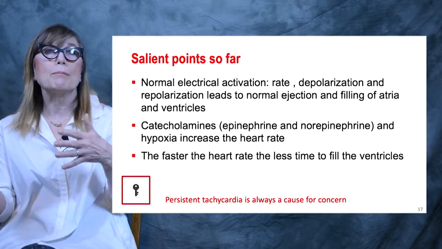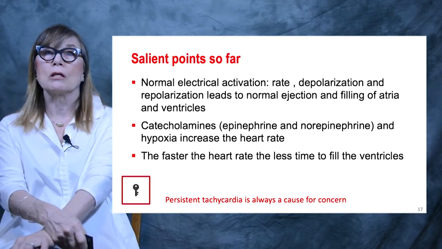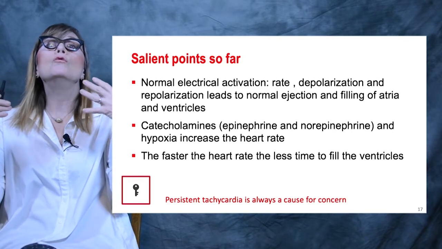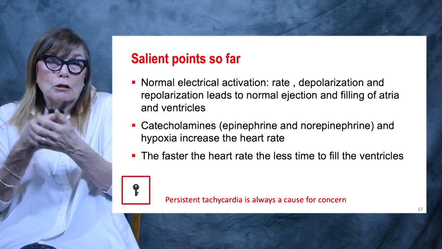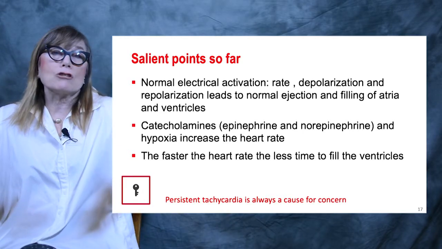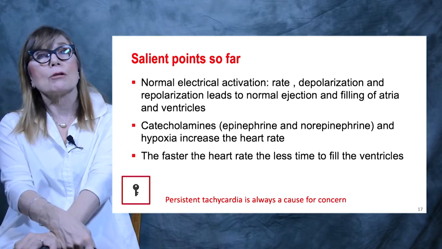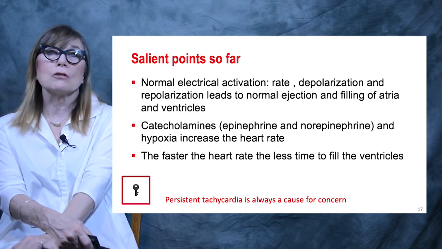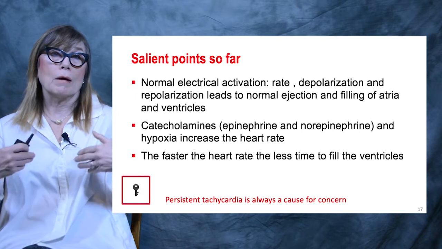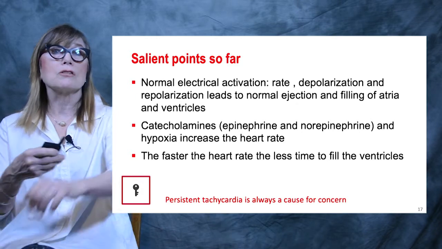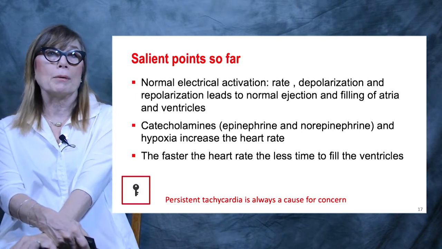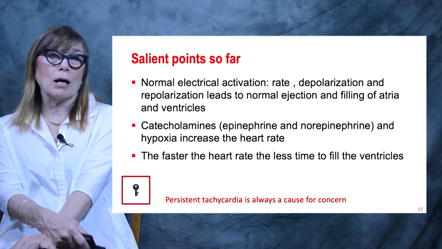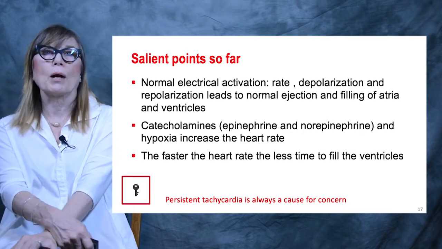That's the rate, depolarization, and repolarization that leads to the normal ejection, contraction, and relaxation, filling of both atria and ventricles. And always remember the three big deals that will increase your heart rate: your endogenous or exogenous catecholamines, epinephrine and norepinephrine, and tissue-level hypoxia, which profoundly affects the heart rate.